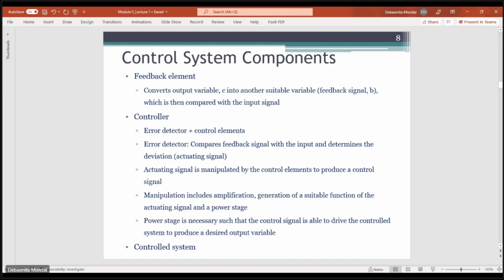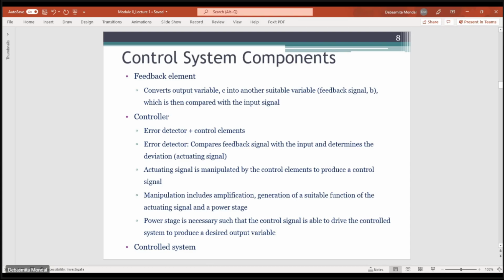There will be multiple interconnections of the blocks. From there we will see how you can analyze that complicated block diagram and figure out the transfer function of the system. Those things we'll slowly study in this module of the syllabus.